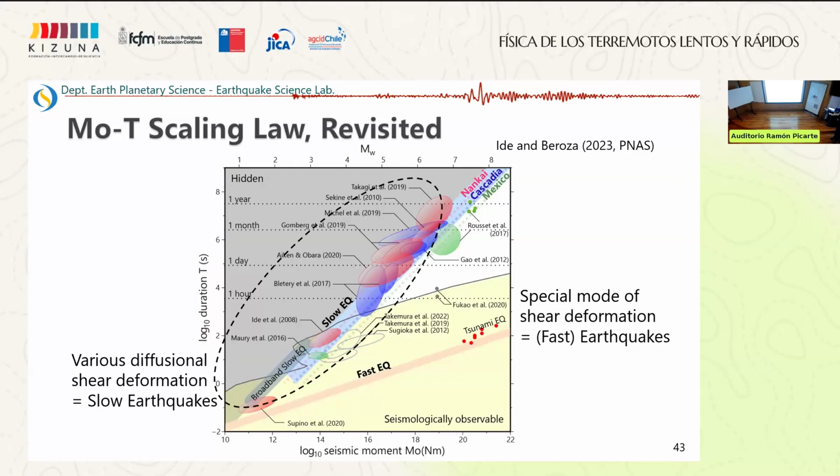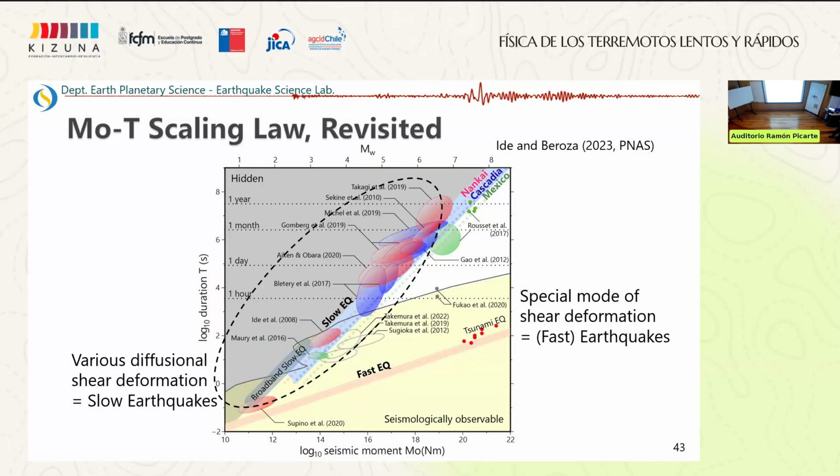And we know, in the Earth, there are many types of slow deformation actually happening. Not just earthquakes, but also in volcanoes and in the deep Earth, where mantle convection is occurring. Those slow deformations are basically controlled by diffusional process.